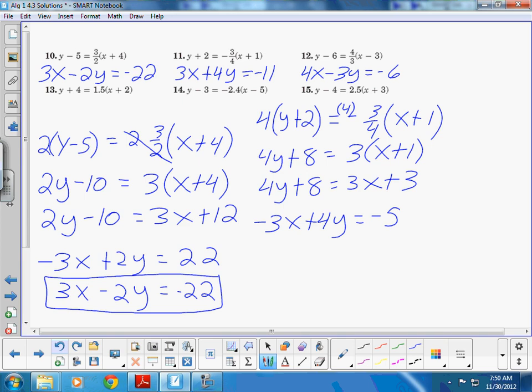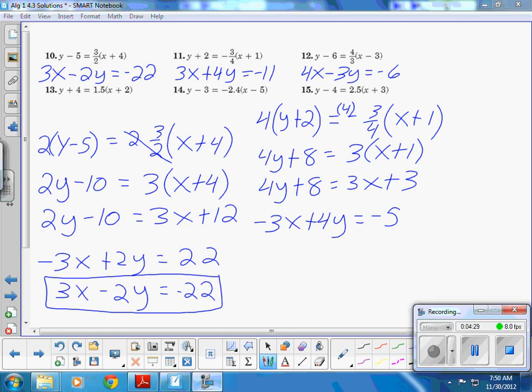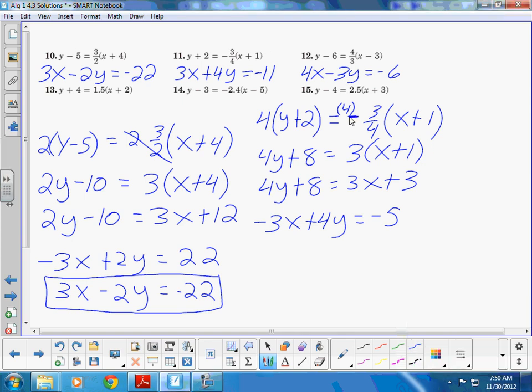But it's still going to be a minus 11 when we look at this. You know, you have to remember that's a negative. I had it there, 3/4.